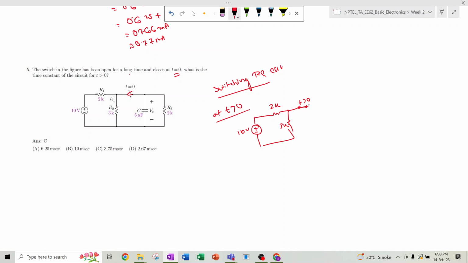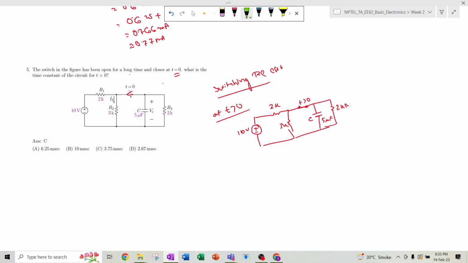That means this is short. And then there is a capacitor, this is the capacitor, and here it has 2 kilo ohm. This is 5 microfarad, the capacitor value.